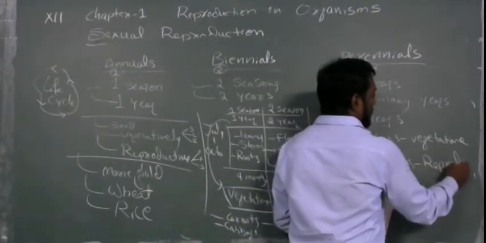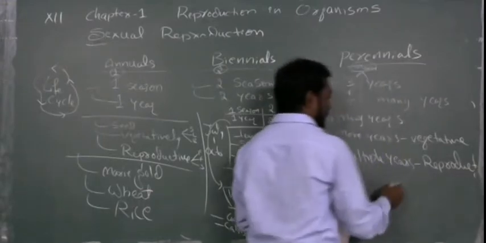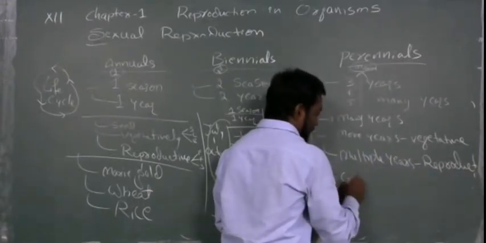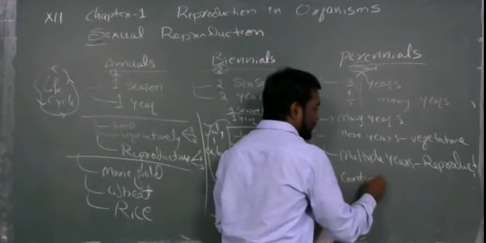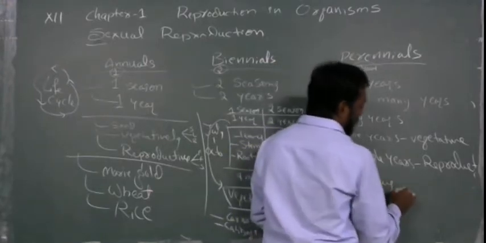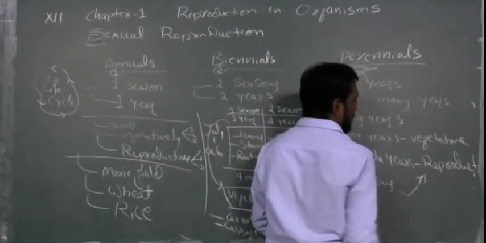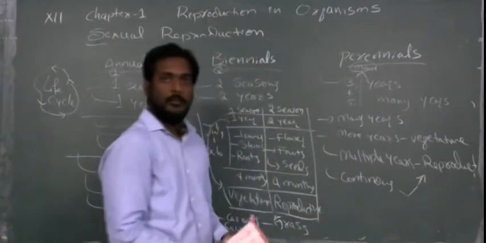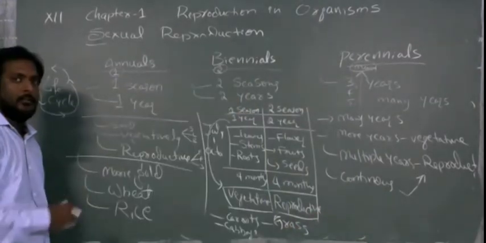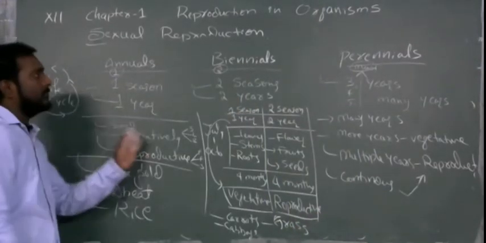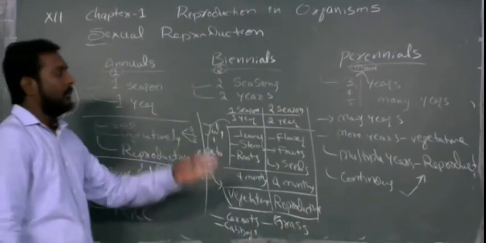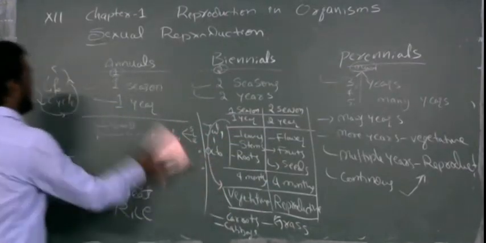The reproductive phase will be multiple and continuous, every year, for many years. Clear? So till now we saw annuals, biennials, and perennials. We still concentrate on perennials; a little more is pending.